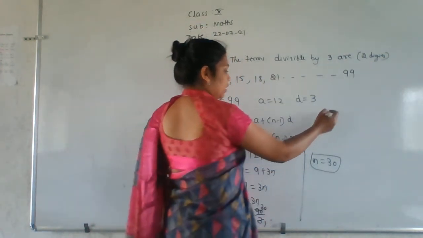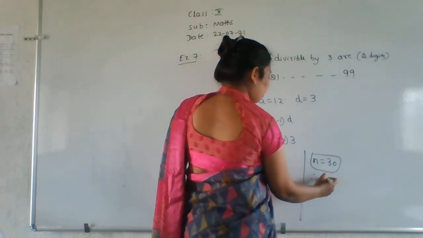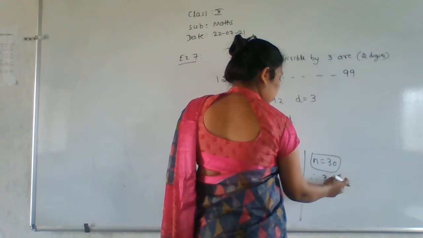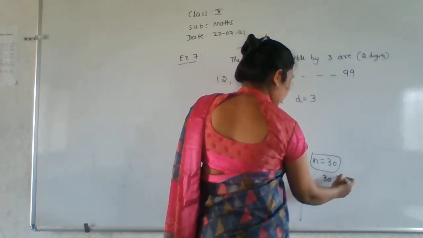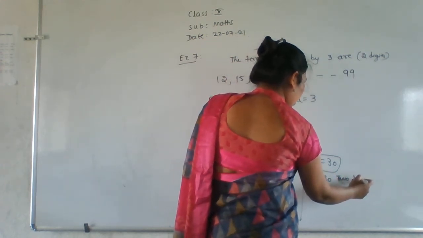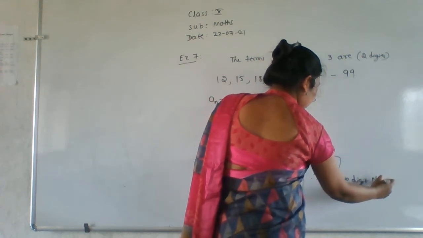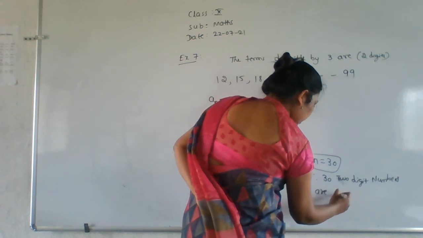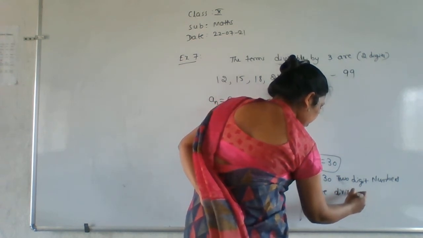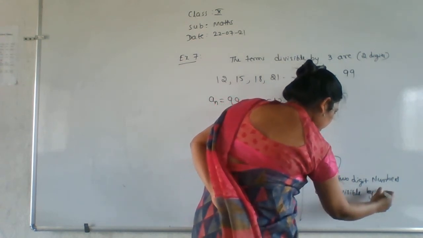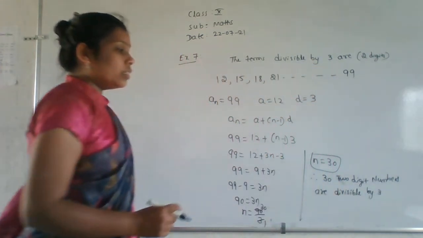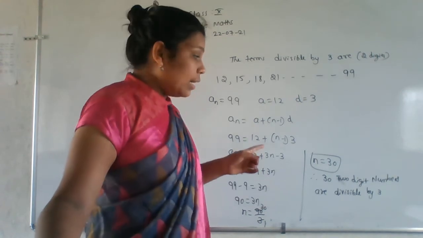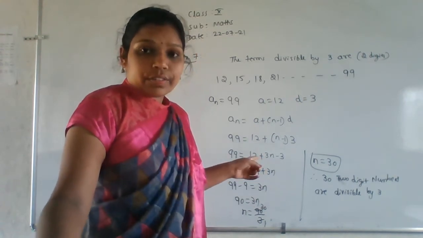Okay, so write here, therefore, 30 two digit numbers are divisible by 3. Okay, 30 two digit numbers are divisible by 3. That is the meaning of that one.